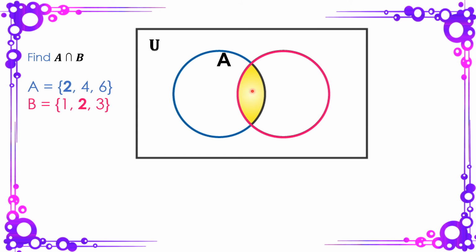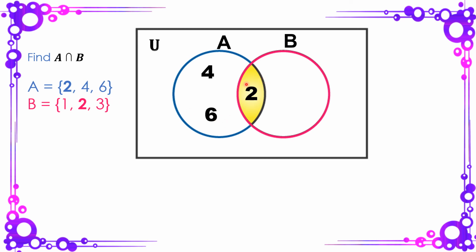Okay, and then of course you have to name the circle A for our example, and then B, so you can see here in the pink circle. And let us list down the possible outcomes for A and write it inside the circle. So we have 4 and then 6.